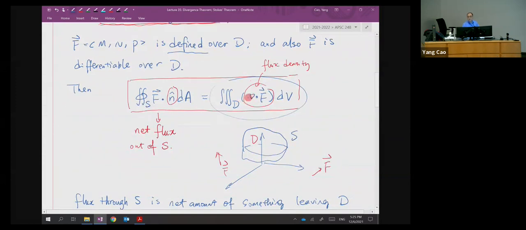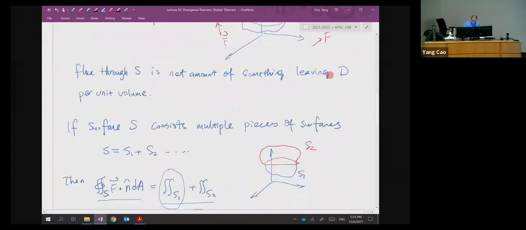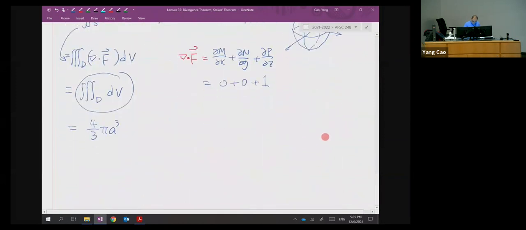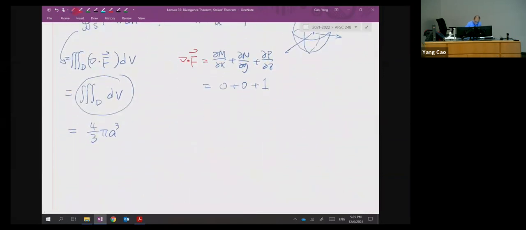That's pretty much it. There's nothing else in terms of the divergence theorem. It's all about integrating flux density, which is equivalent to getting the total net flux through this surface integral. That's what the divergence theorem is all about.